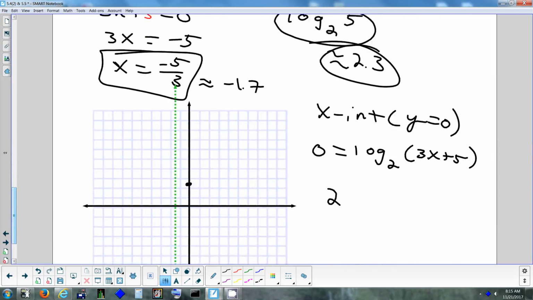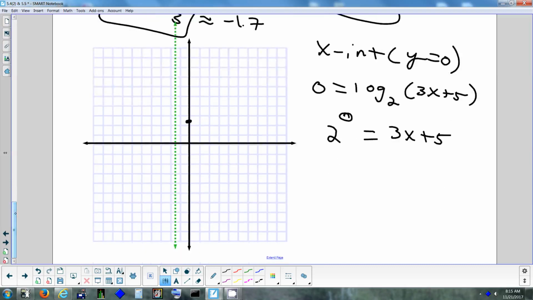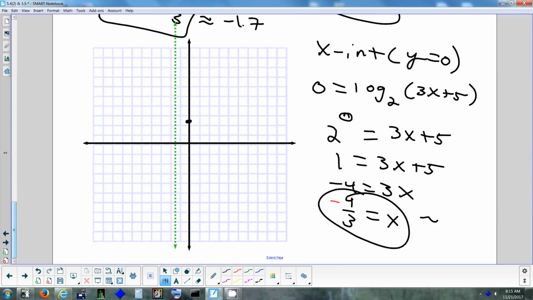Logarithm always equals the exponent. And what's on the other side is the argument, 3x plus 5. Okay, Abby, what's 2 to the 0? 1. Minus the 5. And divide by 3. So x is negative 4/3, or about negative 1.3. So that's where it's going to cross the x-axis.